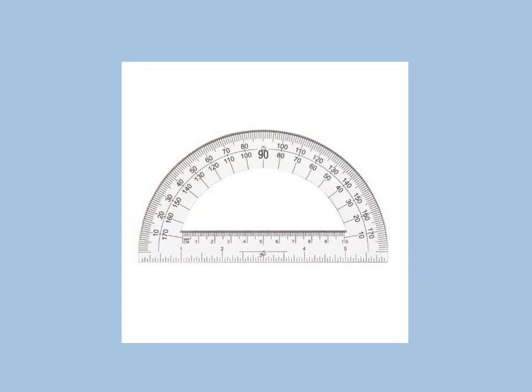The instrument that you see in front of you is indeed called a protractor. When we measure angles, we have to start at this point right here. Notice that if we extend the protractor across, we're at 0 degrees. On either side, we have opposite rays.